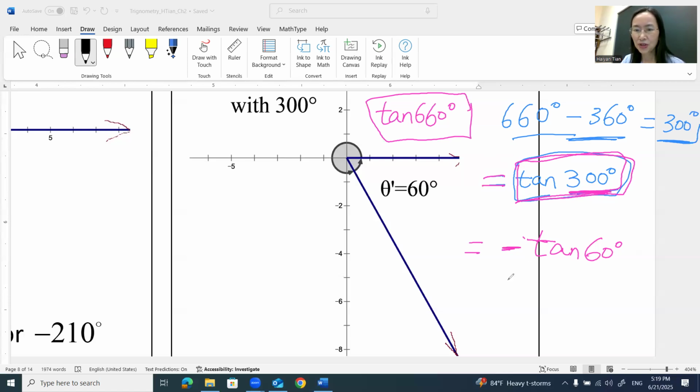So afterwards, we use the reference angle of 300, which is tangent 60 degrees, but then address the sign, which is negative, because it's in the fourth quadrant. So the final answer will be negative.